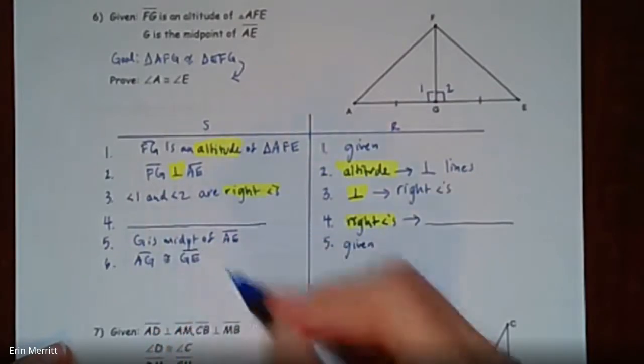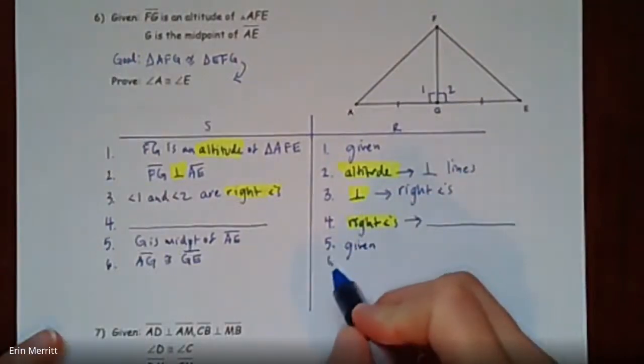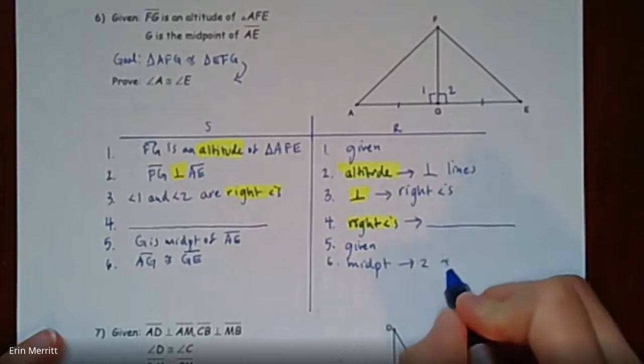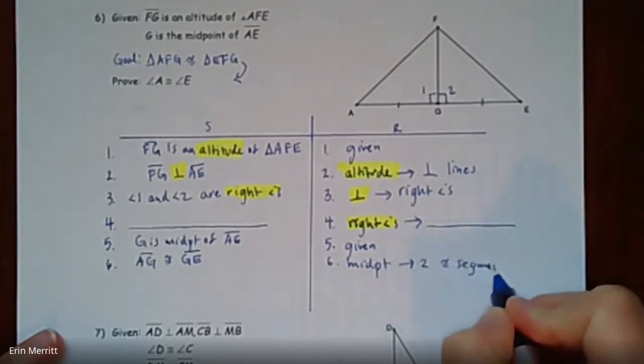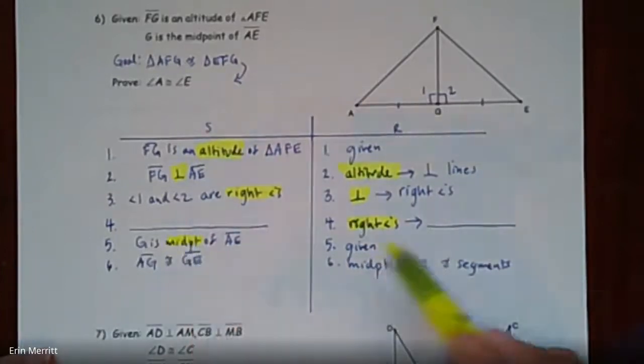If you find yourself running out of room, just grab another piece of paper. Not a big deal. And that's because midpoint implies 2 congruent segments. And if you like highlighting the vocab words, keep rolling with it. So midpoint, and then midpoint came right down here.